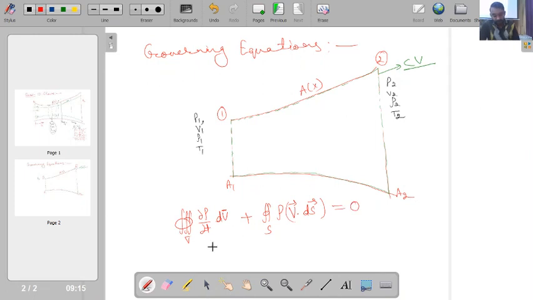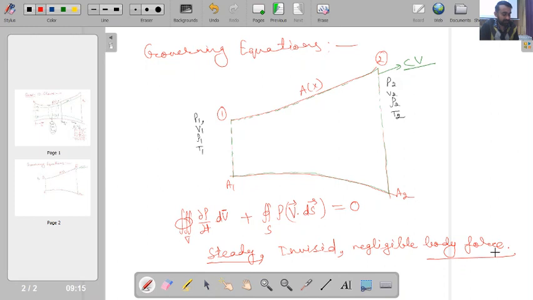Now, what are the assumptions for compressible flow analysis? The first assumption is steady flow. The second assumption is inviscid flow. The third assumption is negligible body force. So the body force of the fluid we consider negligible.